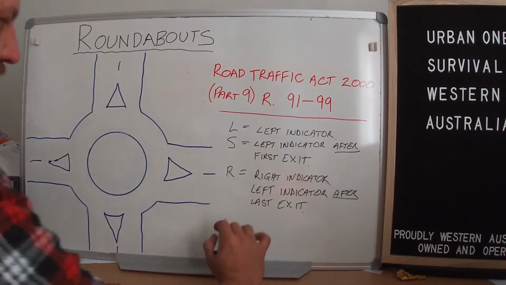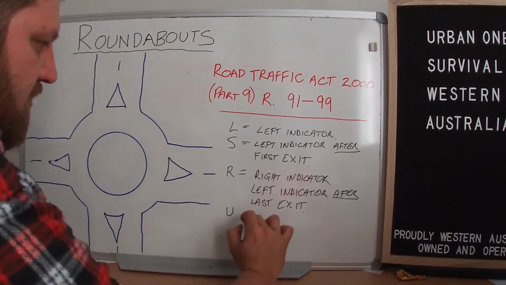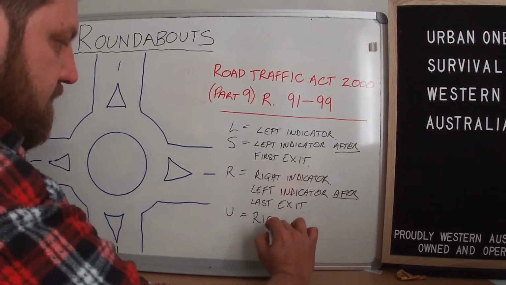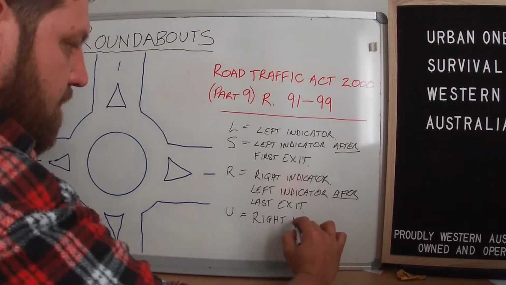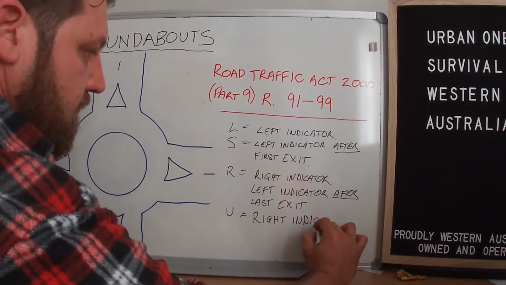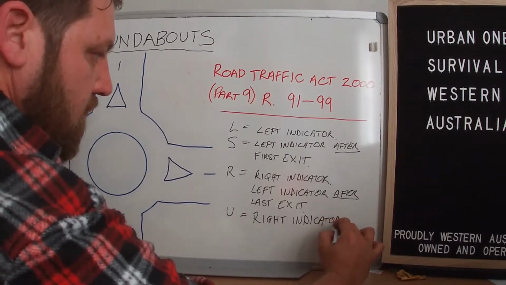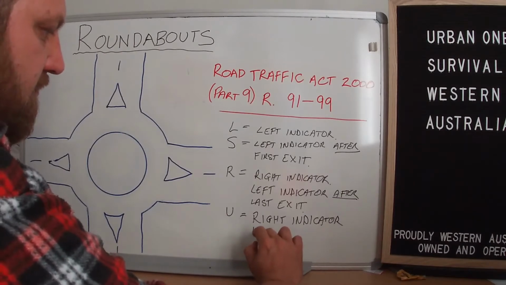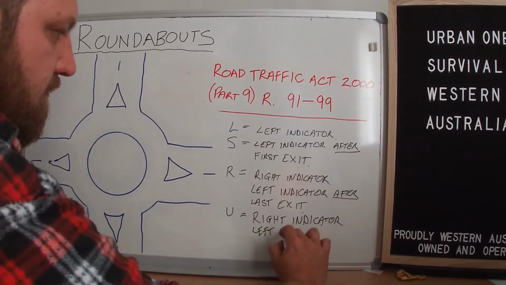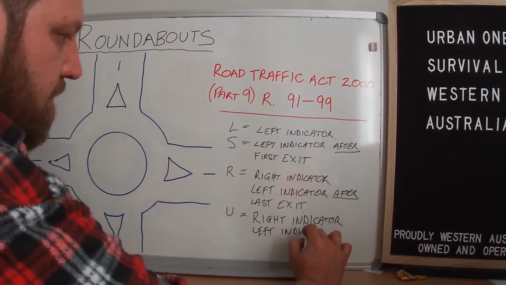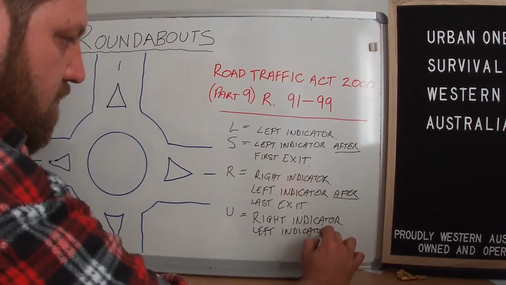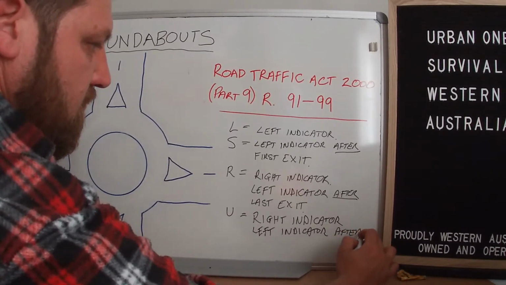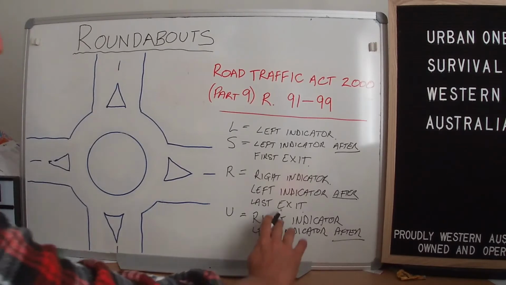So again, it's the same thing. So U for U-turn. So it'd be your right indicator. Then your left indicator after your last exit.